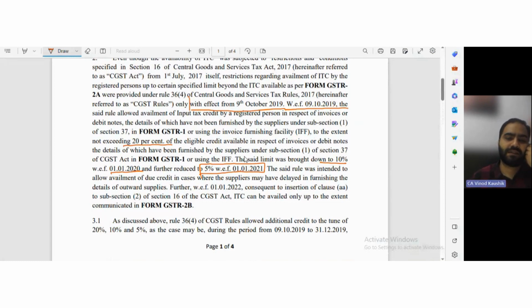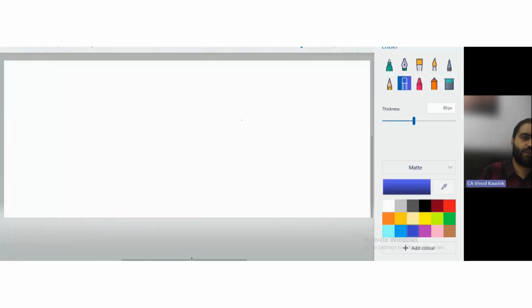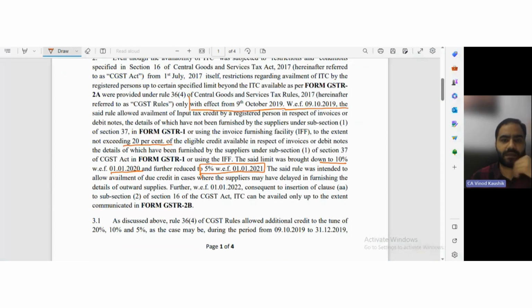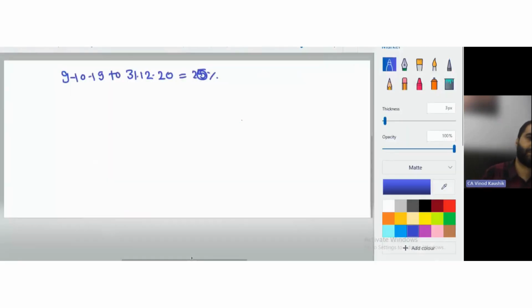So the first percentage is from 9th of October 2019 to 31st of December 2019, it was allowed 20%. Subsequently it was reduced to 10% from 1/1/2020.